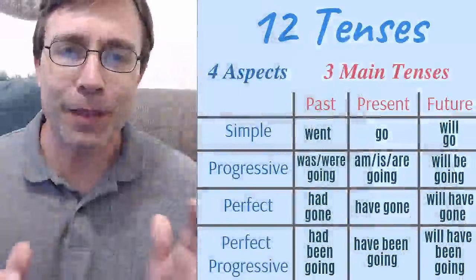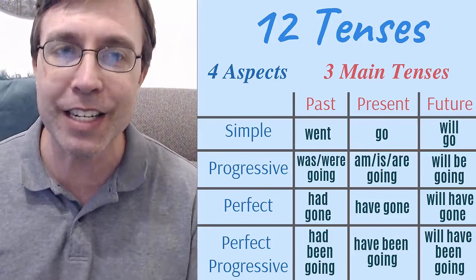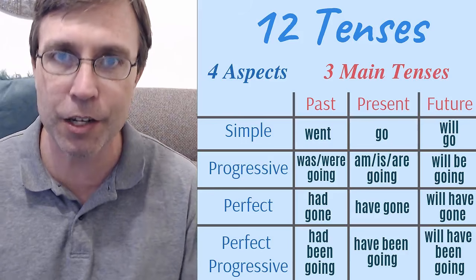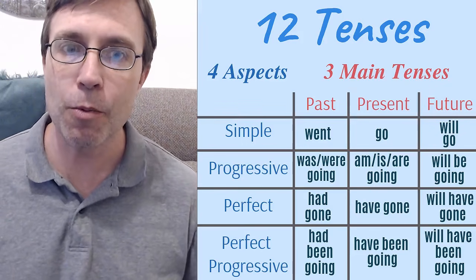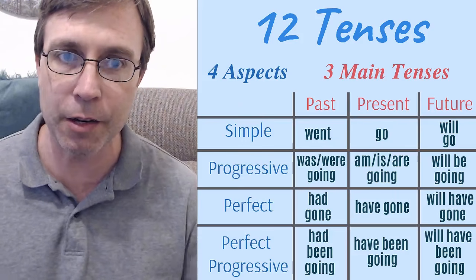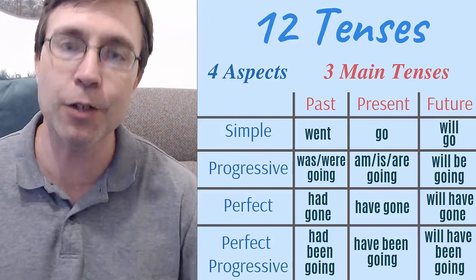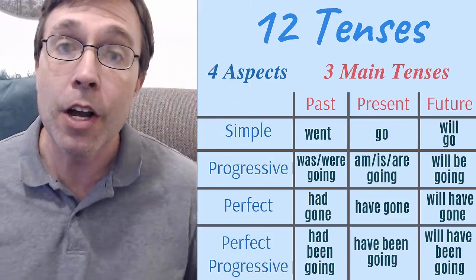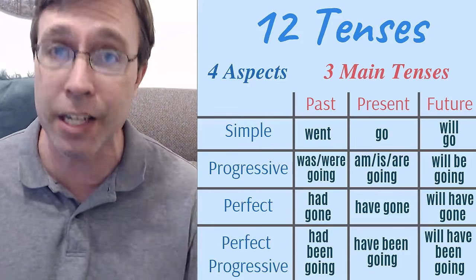So let's just begin, all right? There are 12 different verb tenses that we're going to talk about today. So you may think, well, how did we get to 12? Well, there are 4 aspects in which you were talking about: the simple, the progressive, the perfect, or the perfect progressive. Now, you may hear some people refer to the progressive as continuous.